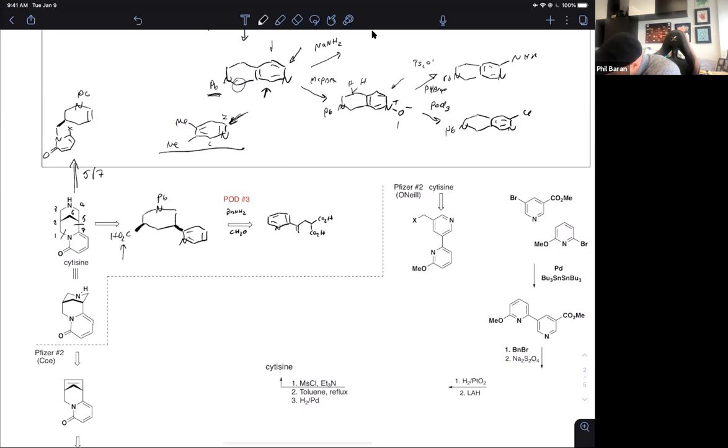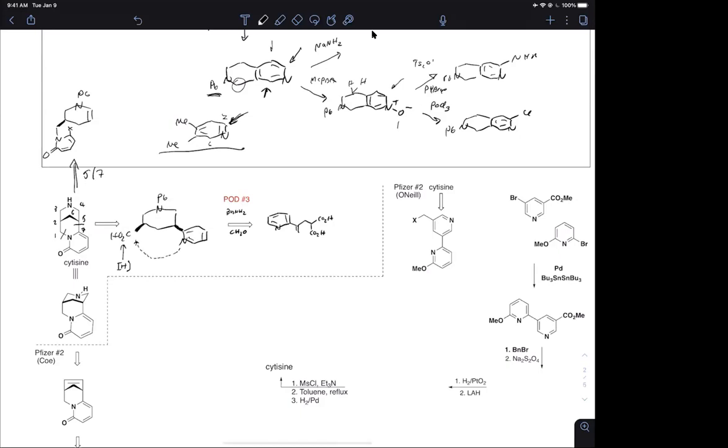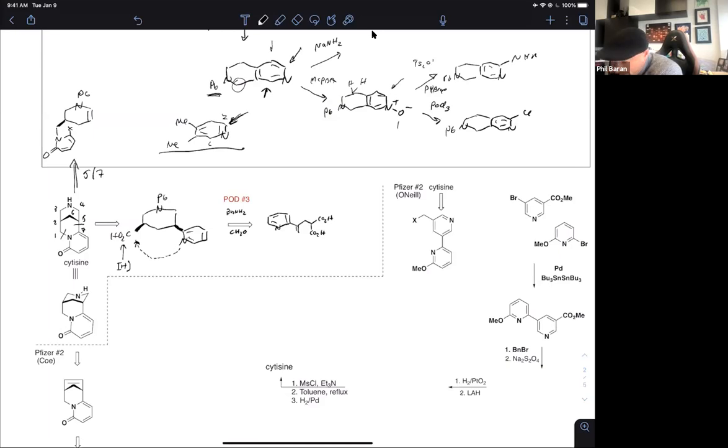So this would need to be reduced to, let's say, a mesylate. Now look what happens. We get smoothly to problem of the day number 3, which Daniel has gracefully volunteered to help us out with.